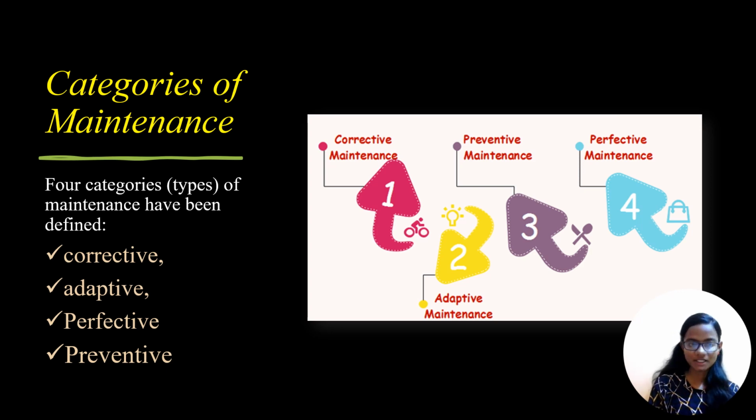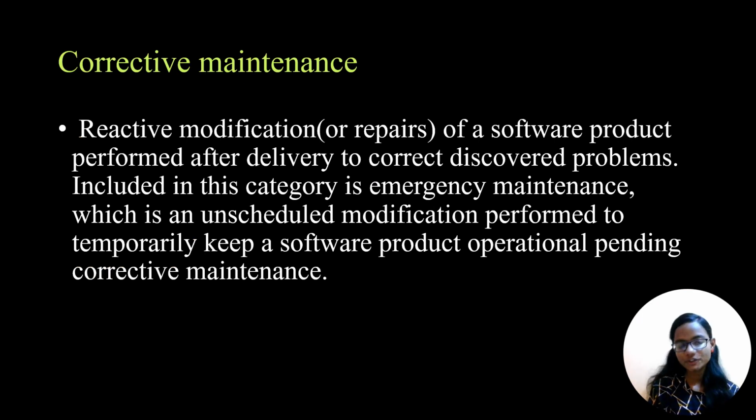There are four main categories of maintenance. The first one is corrective maintenance, then adaptive maintenance, perfective maintenance, and preventive maintenance. Corrective maintenance, as the name itself suggests, is a maintenance strategy that is used to correct something and restore its normal working condition.